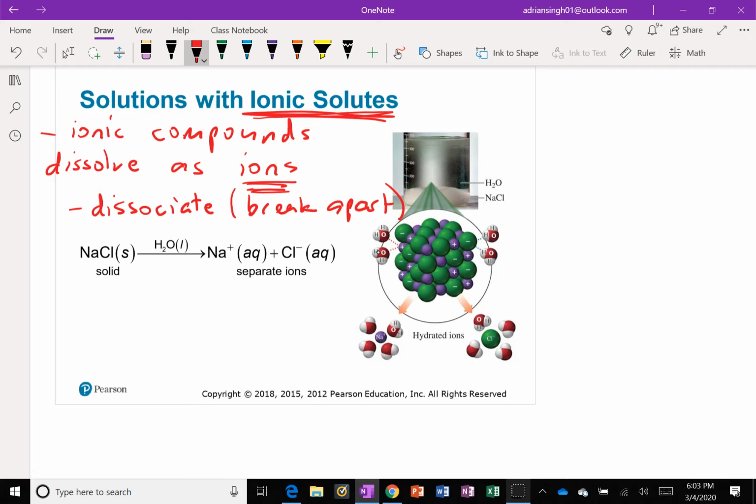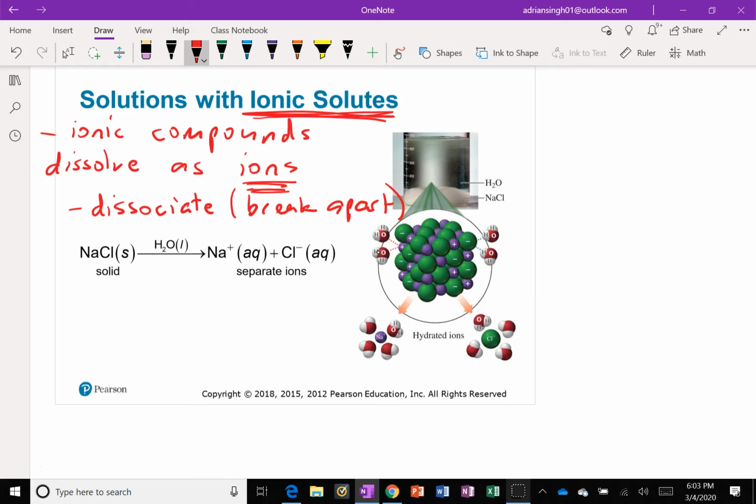It doesn't really. So these ions, when they separate, they're kept apart from each other because of the solvent. The water comes in and it actually surrounds each of these ions, the sodium ion and the chloride ion, and it keeps them separated. It prevents them from coming back together and clumping together to make the crystal again.